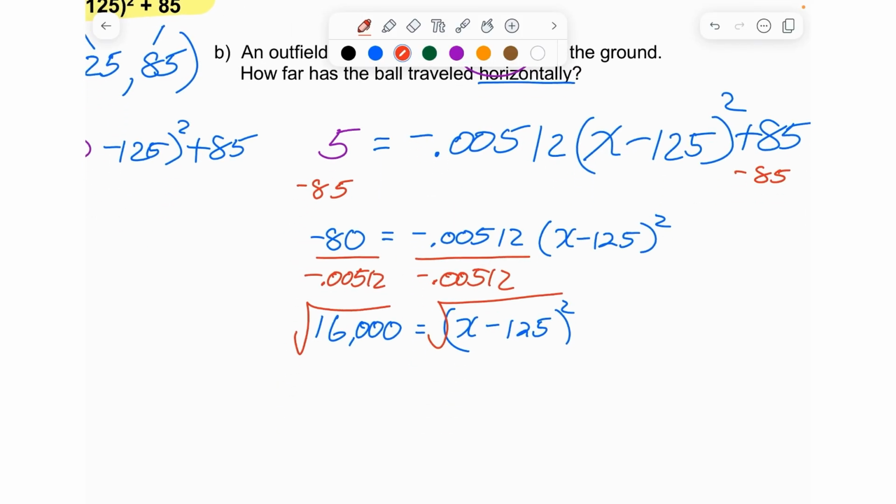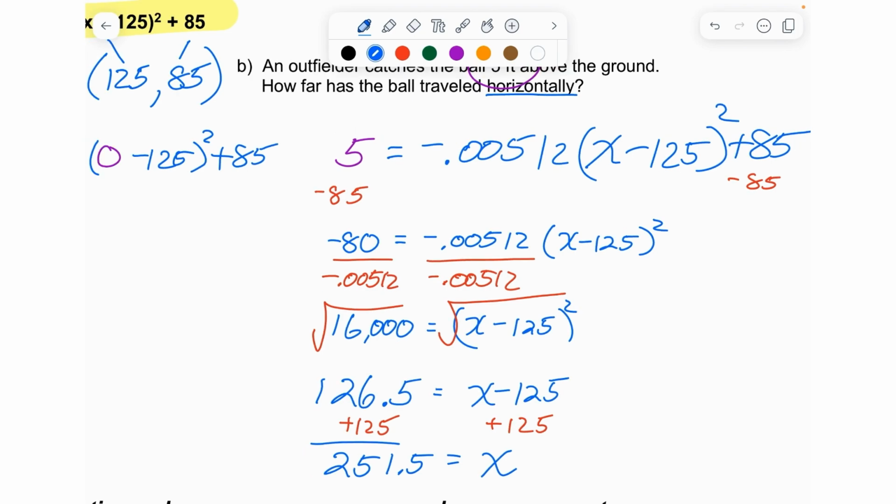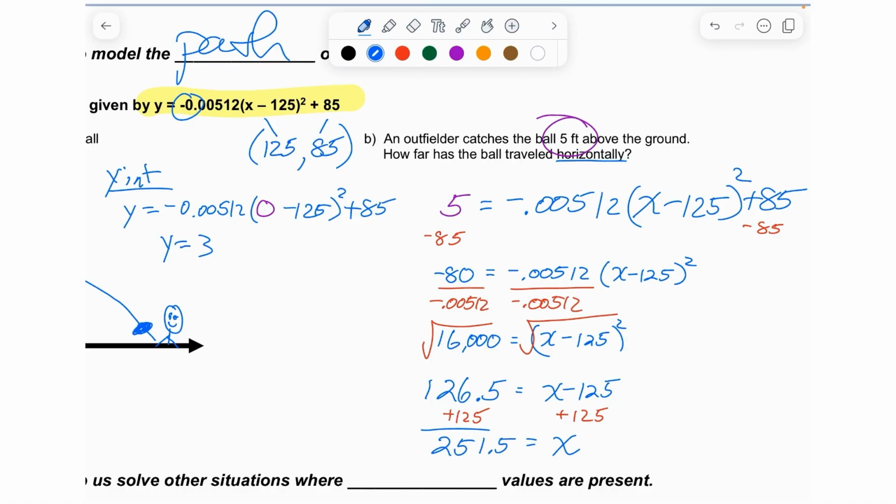Now the square root of 16,000 is not perfect, but it's equal to 126, and we could round it to about a half. That's nice because when you finish solving this equation, by adding 125, we can come up now with an answer that does represent the x value, which would be the actual horizontal distance that the ball traveled.